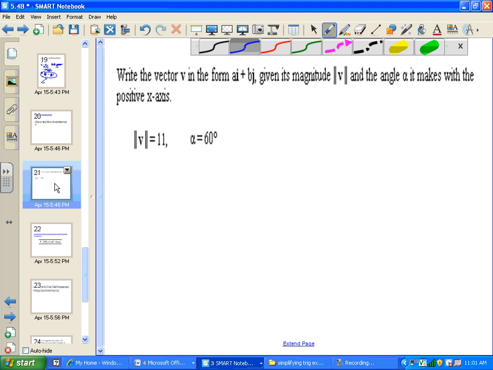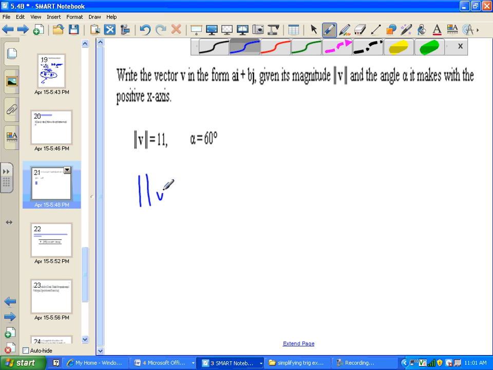Now let's look at this. Write the vector v in the form ai plus bj, given its magnitude of v and the angle alpha that it makes with the positive x-axis. Okay? Now, let me write down that formula. You might have to help me write it down real quick. Let's see, what was it?